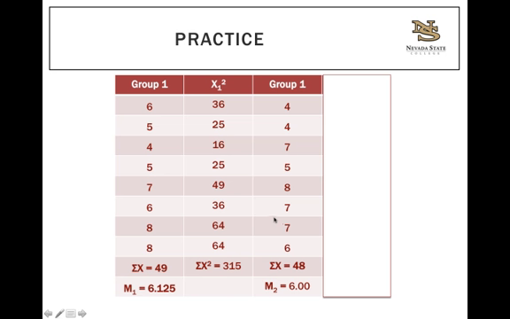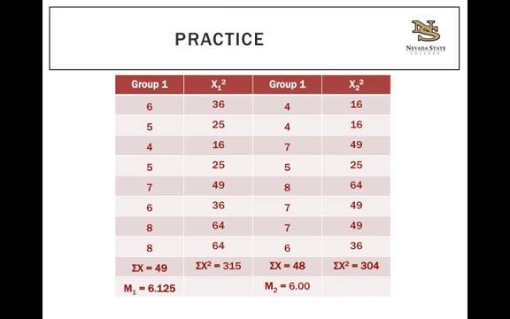As you can see, I'm simply squaring each number, right? We've done this millions of times, maybe not millions, but it felt like it. And then we're just going to add those up. So the sum of each squared x is 315. We're going to use that in the formula for my sums of squares. And then I'm going to do the same thing for group 2. Here I managed to put the 2 there. We're going to square each number, add those up, and this time we get 304.